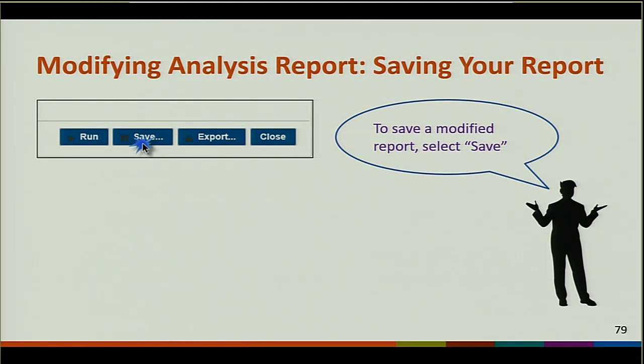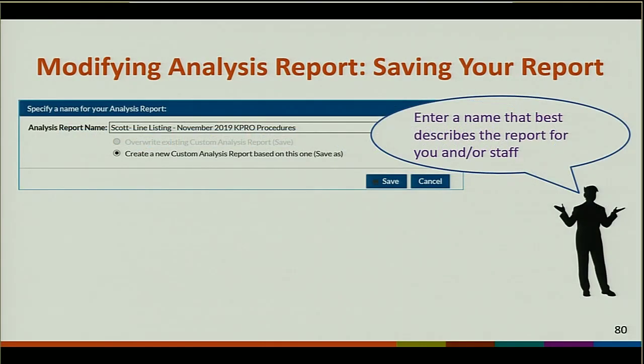There are other options outside of running your report in NHSN that you can choose at the bottom of the screen. The second that I want to show you today is the save. By selecting save, you're able to save this report for future use. Selecting save should bring you to the analysis report type. It shows your name, the type of report that you have, here a line listing, and the title you gave it at the beginning of your modification.